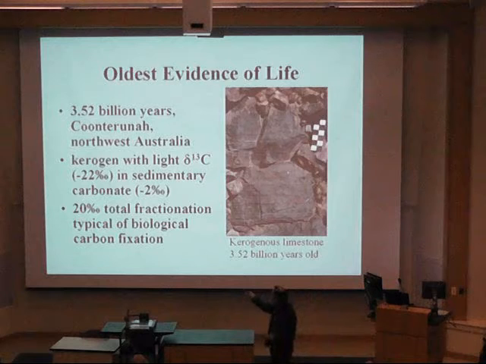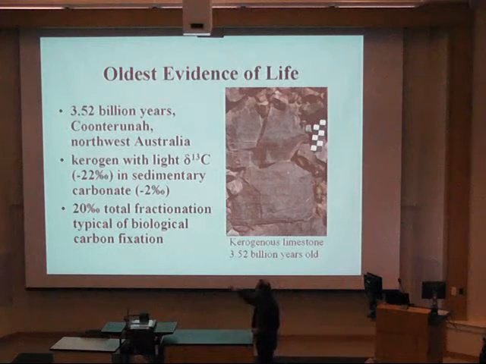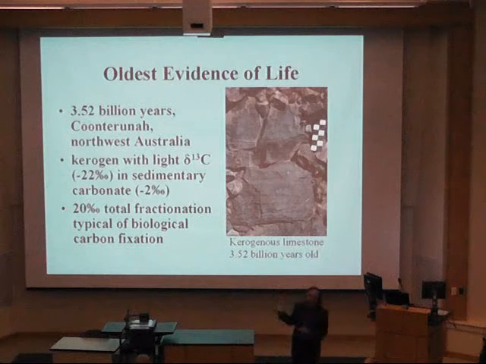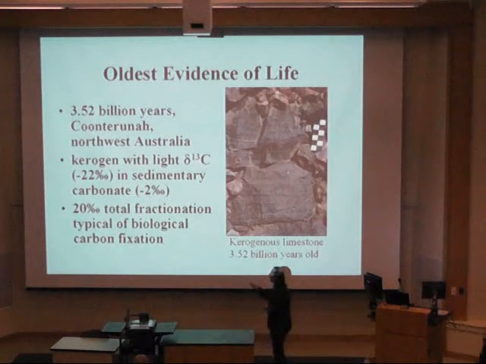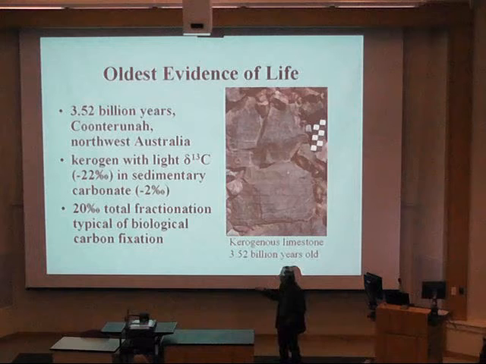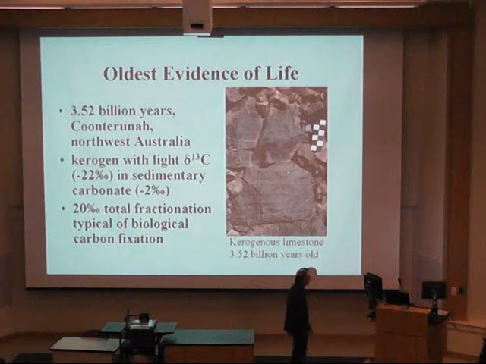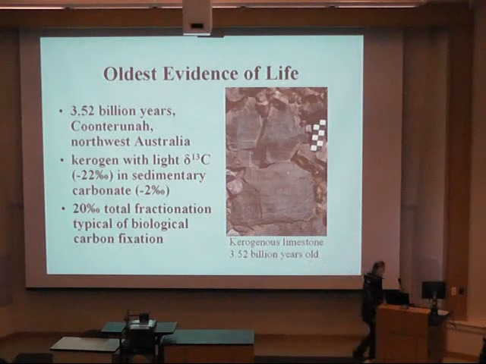We can look at the isotopic composition of the carbonate and of the organic matter, and they're fractionated by about 20 parts per 1,000 in favour of the light isotope in the organic matter. Exactly the same as you get in modern marine environments, where you get microbial photosynthetic organic matter in sedimentary carbonates. So this is typical of what happens on the modern Earth, and this is probably the oldest robust evidence we have for life on Earth, still in the first billion years of Earth history.